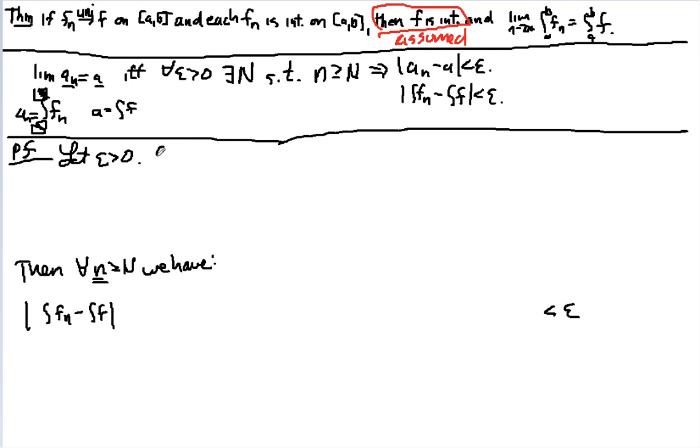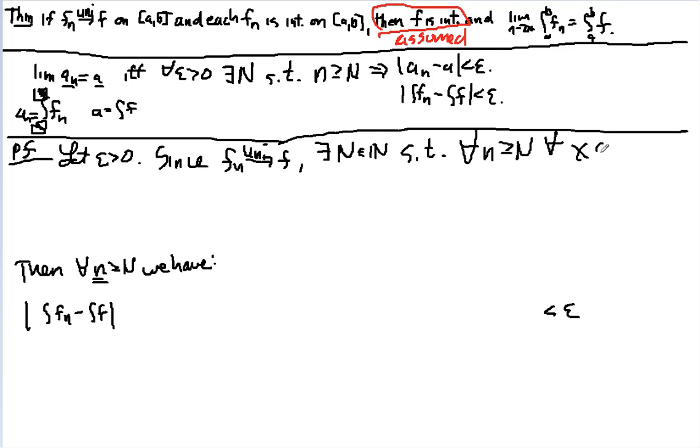Since f sub n goes to f uniformly, there exists a capital N belonging to the natural numbers, such that for all little n bigger than N, and all x belonging to the interval, we have |f sub n of x minus f of x| is less than epsilon, except I don't want epsilon.